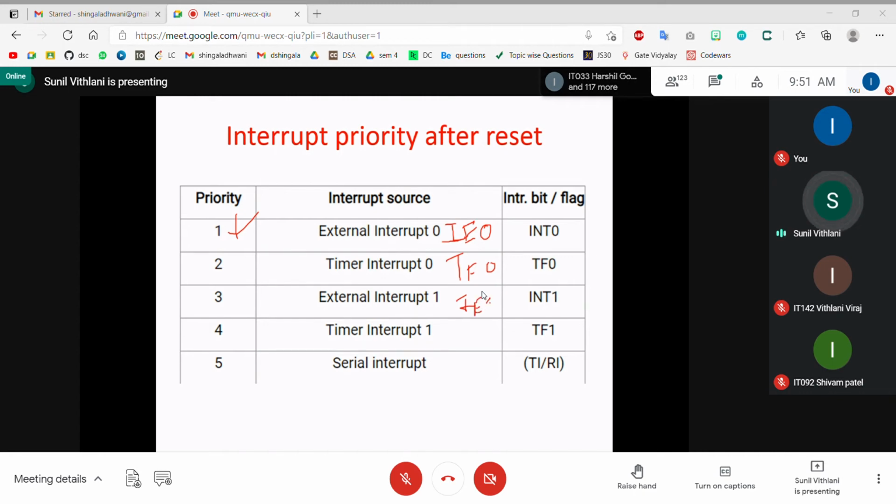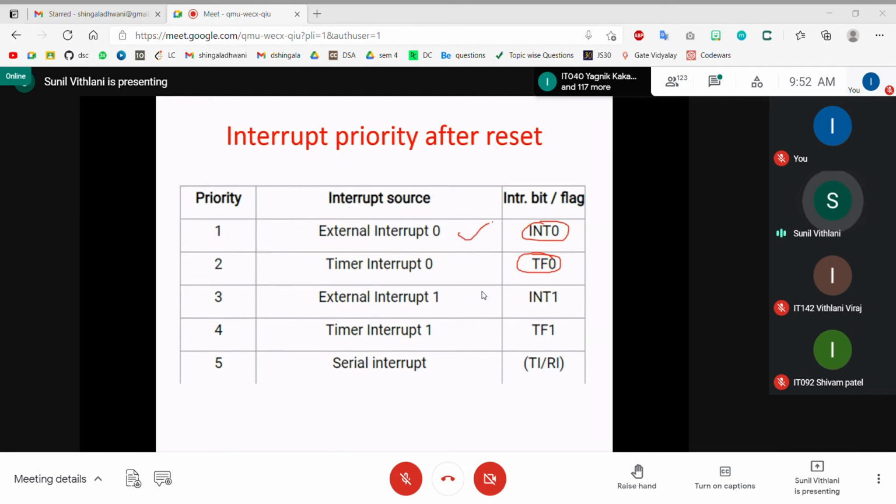So this is the default priority. By default, this interrupt will be handled. If simultaneously timer 0 and external interrupt are generated, then out of these 2, which will be solved first? This should be solved first.